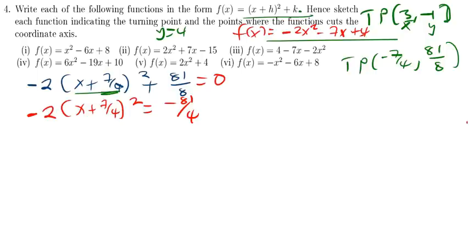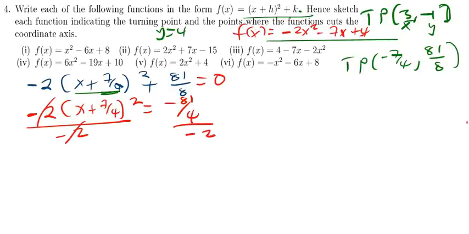Since this number is not part of the squared bracket on top here, you have to divide by negative 2 everywhere. I'm dividing here by negative 2, so this and that has gone.